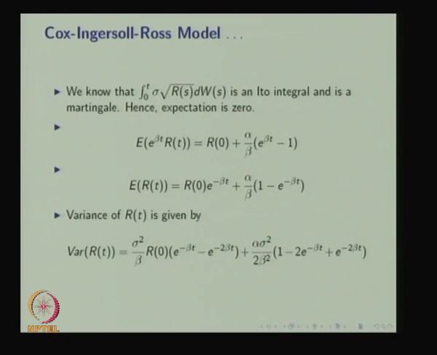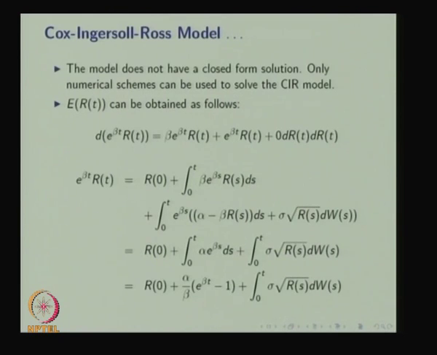So in this CIR model, we are not giving the closed form solution because the Ito formula does not work. Whereas we are finding the mean and variance of R of t using the mean and variance of the Ito integral.